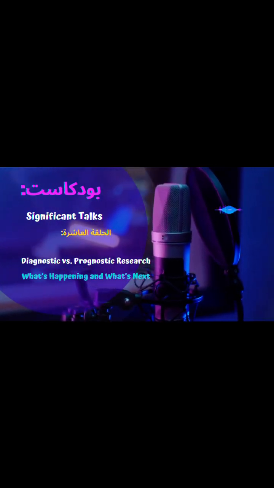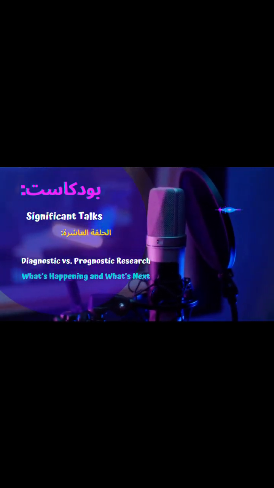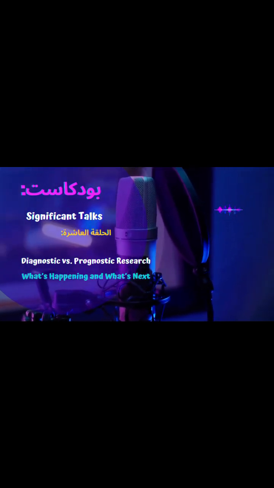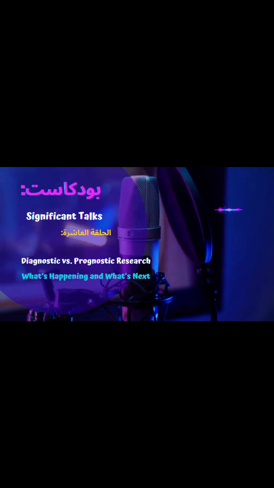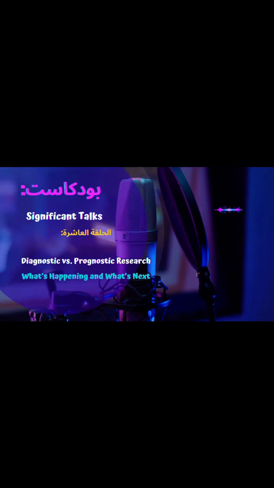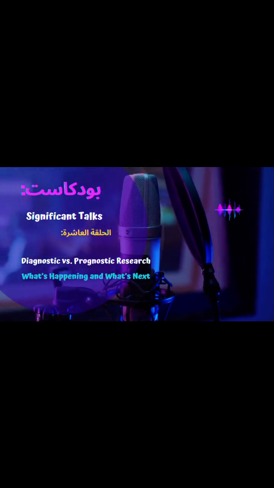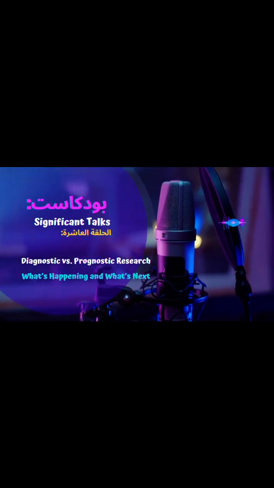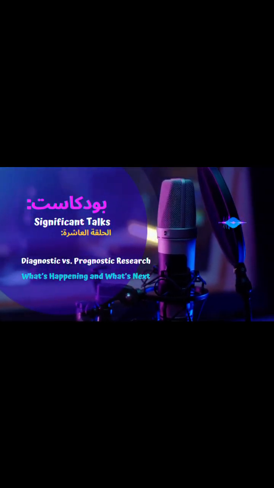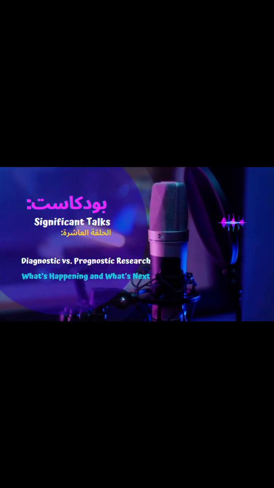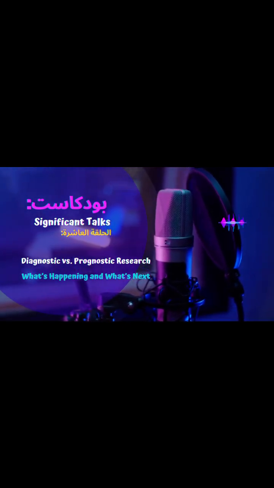And the area under that ROC curve, called the AUC, gives you a single number that summarizes the model's overall discriminatory power. A higher AUC means better discrimination, with an AUC of 1 representing perfect discrimination, meaning the model can perfectly separate those who will experience the outcome from those who won't. Wow, that AUC sounds like a pretty handy metric. It is. It's one of the most commonly reported measures of model performance in diagnostic and prognostic research.